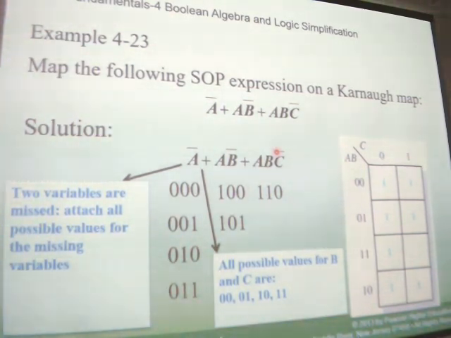So we know that we can use the Karnaugh map to represent an SOP expression.